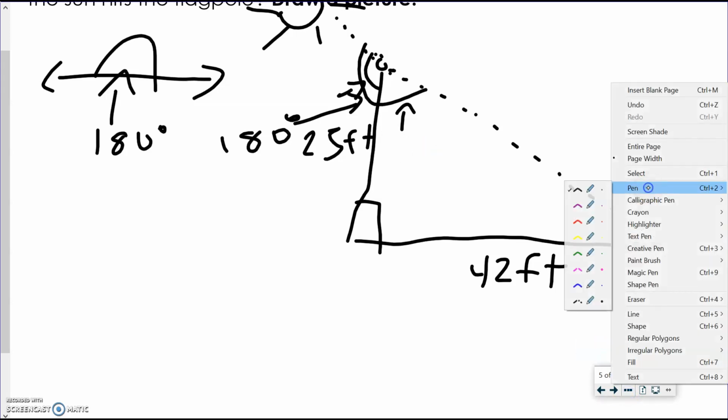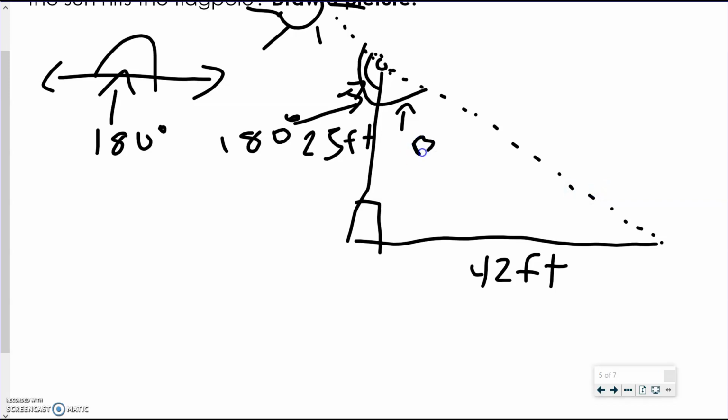So again, this is angle B. Apologize for that. Now we need to determine our known side lengths. We know our 25 feet and our 42 feet. Our 42-foot side is opposite of our angle B right there, so that's our opposite side. And then 25 feet is adjacent because it is the side that is creating the angle there, so that is our adjacent side.